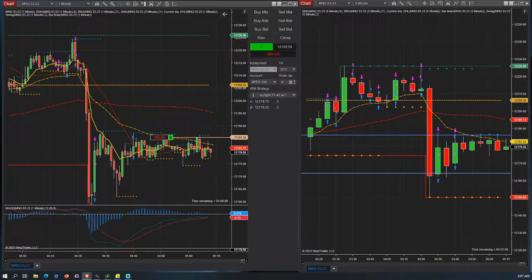Truly confused by the price action with the Dixie DXY. It's a little odd behavior.